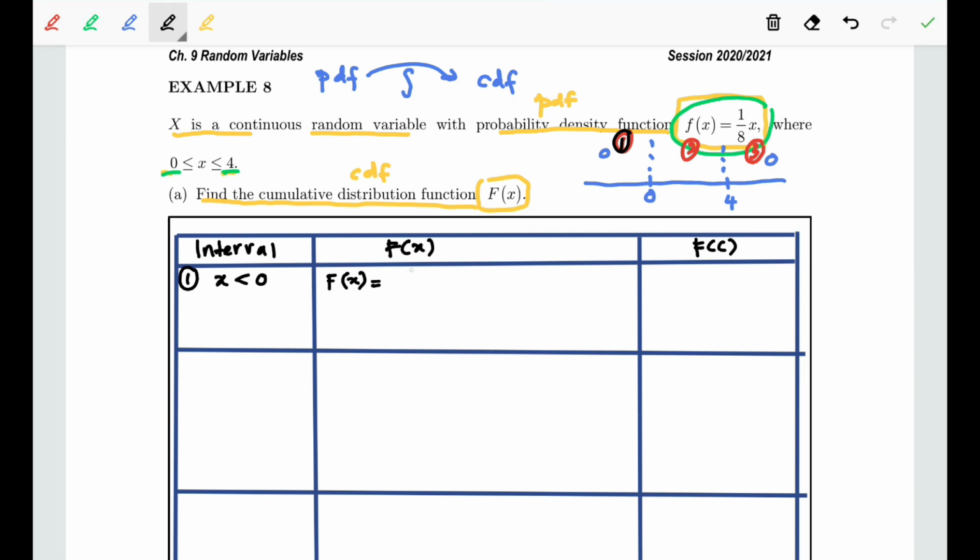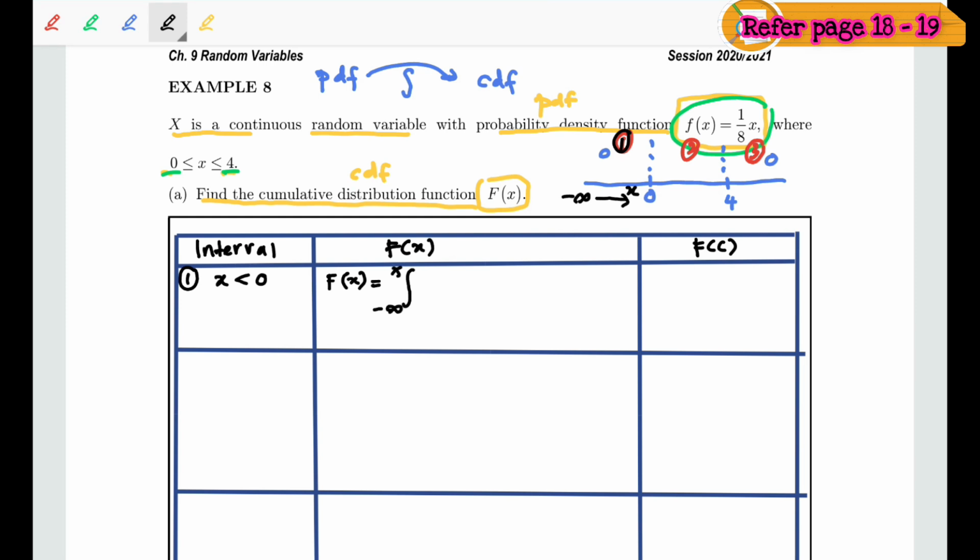Since we are finding the CDF, we are going to integrate from negative infinity until x. We are not going to integrate until 0, because 0 is the maximum for that interval. So we are going to write it as negative infinity to x.